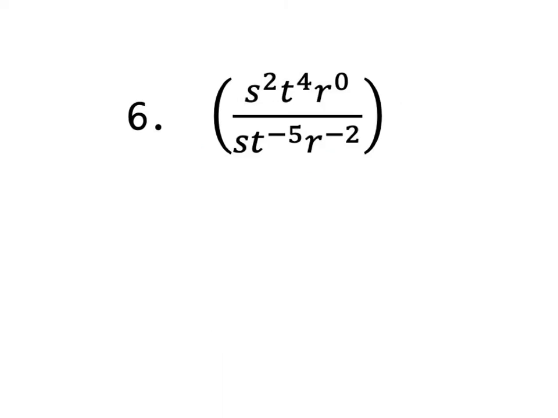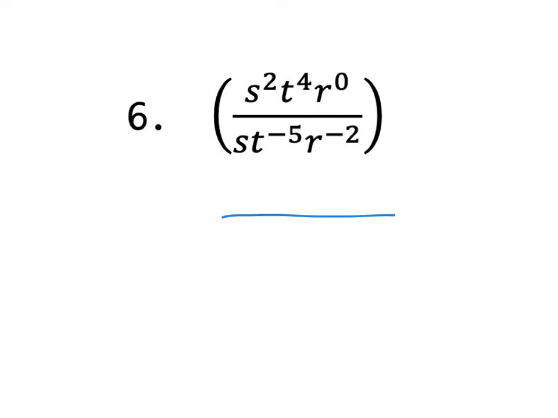Okay, in 6, I am looking for like bases. The s's are like, so keep my base and subtract. The top minus the bottom would be s to the 1st, and that kind of looks like a 5.